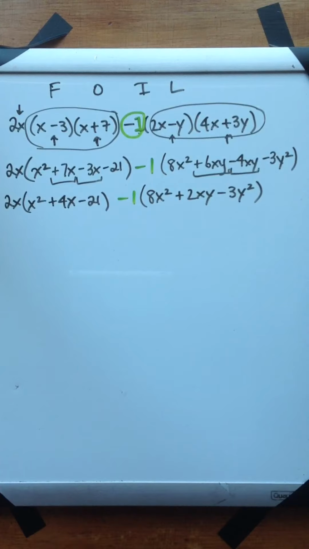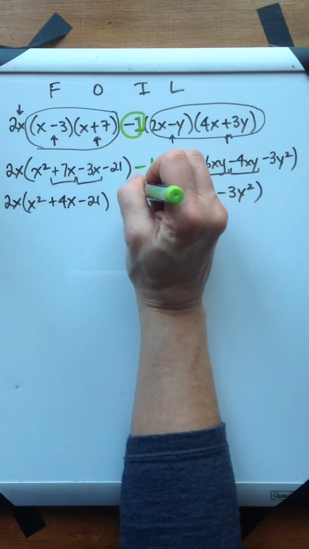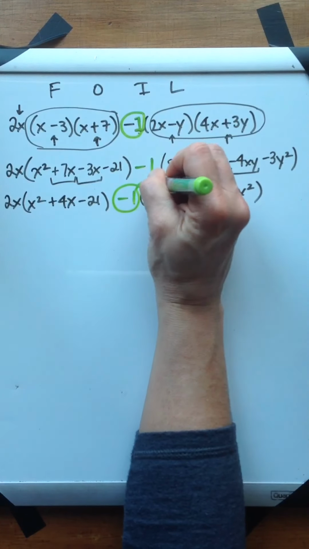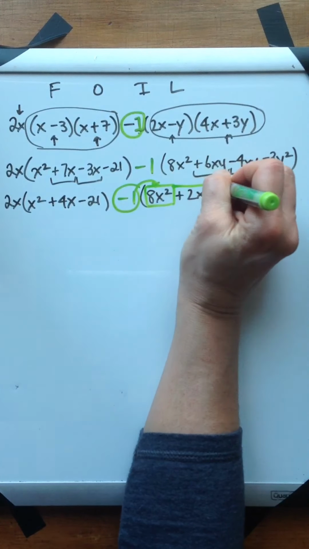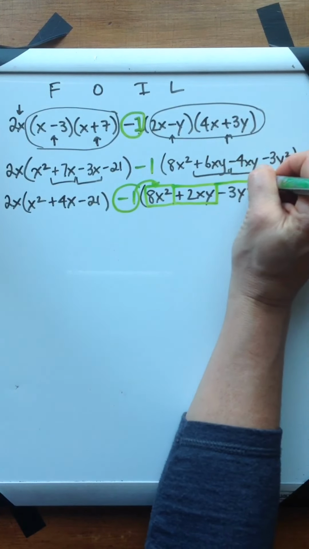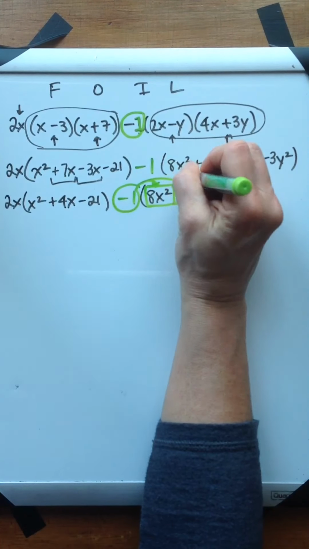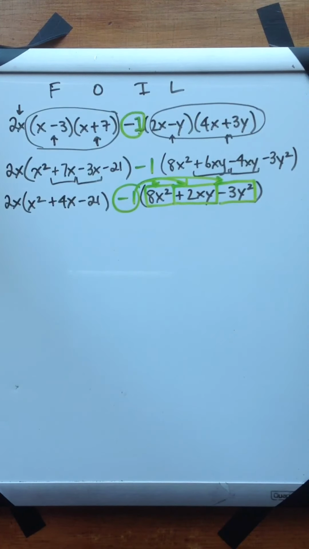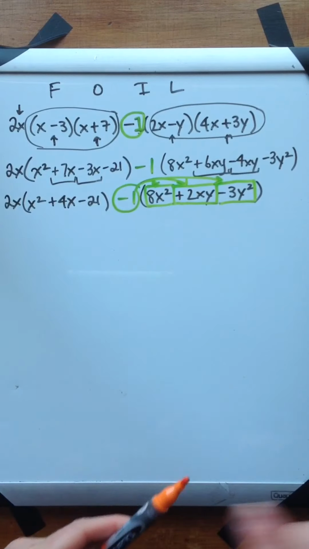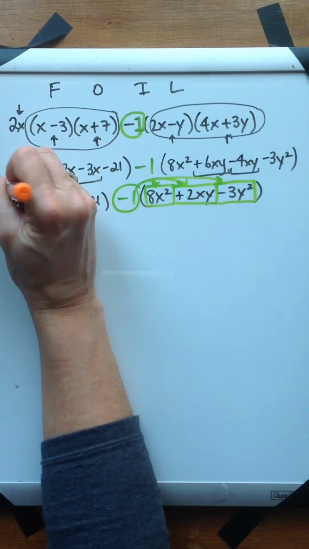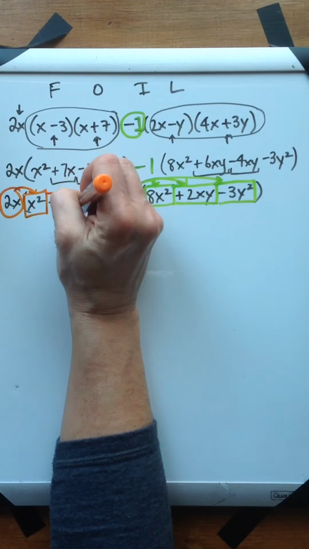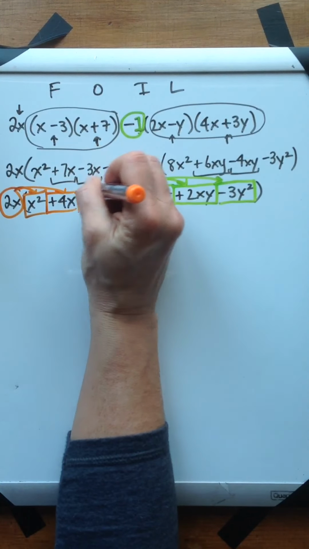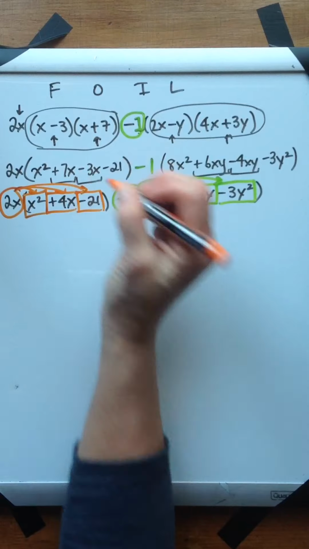Now I can do the monomial distribution. So this monomial has to get multiplied by all of its monomial friends inside this trinomial. And in a similar fashion, this monomial out front has to get multiplied by all of its monomial friends inside this trinomial.